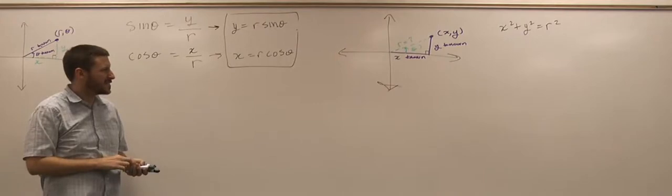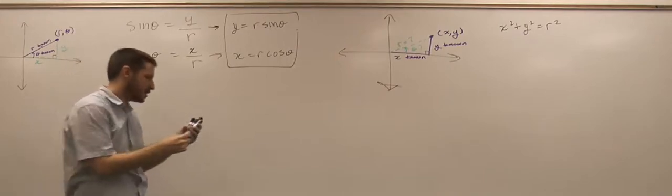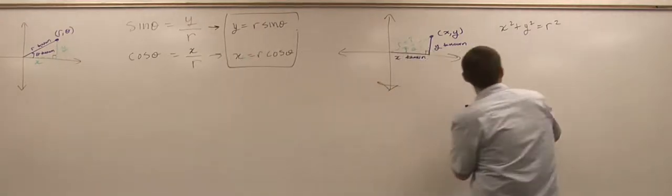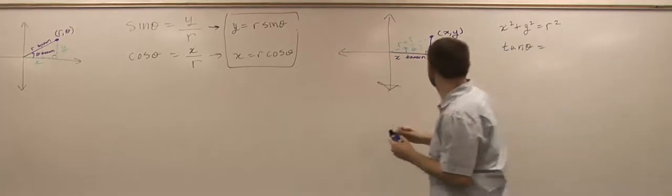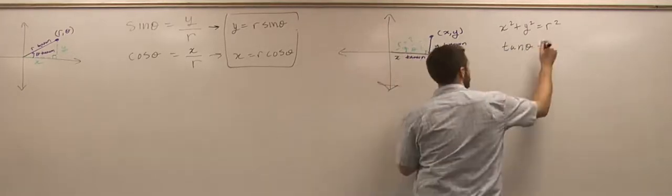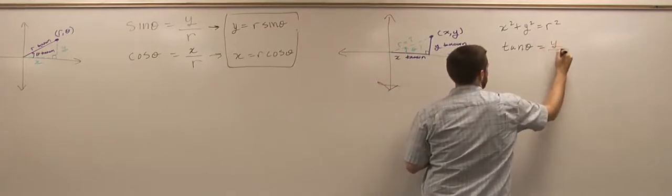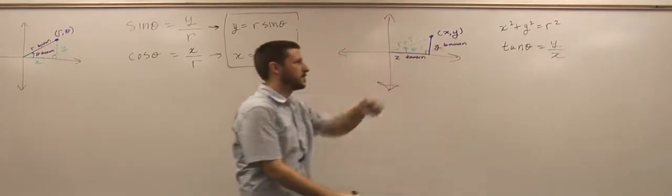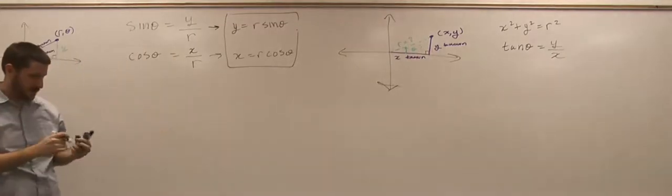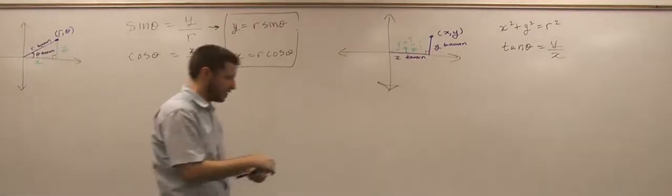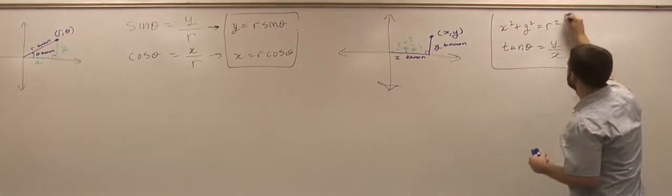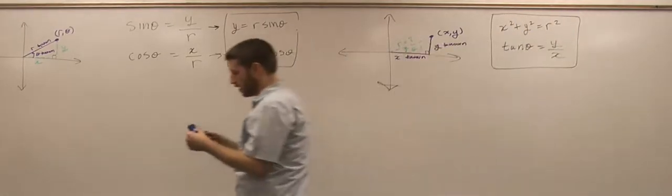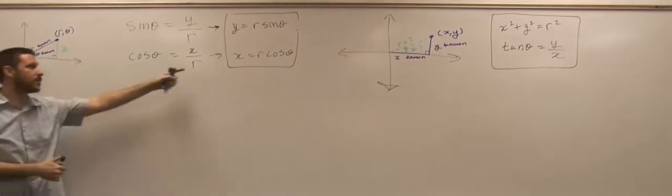What about theta? What relates theta? You can use tangent. Now this is where my mistake is. Tan theta should equal opposite over adjacent, or y over x. Someone put x over y up there. So to convert between polar and rectangular, these are your four formulas.